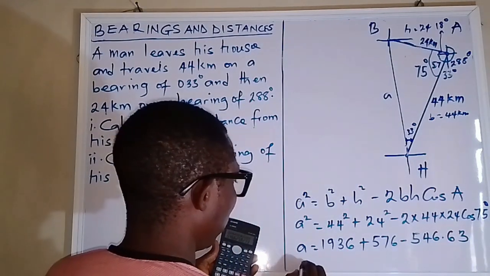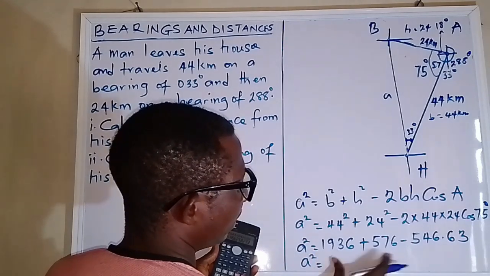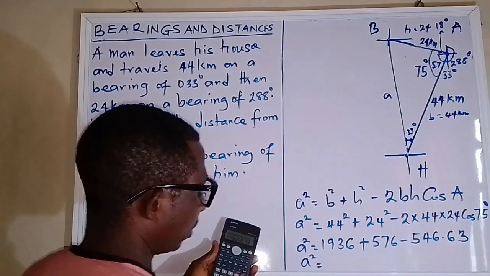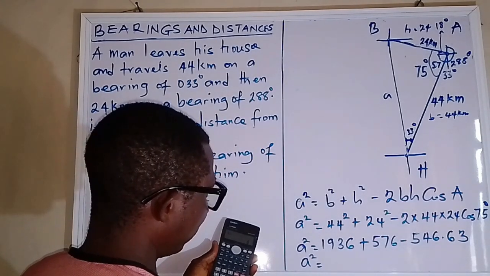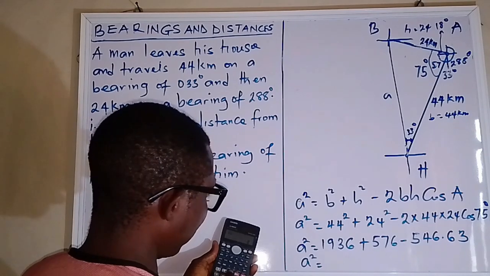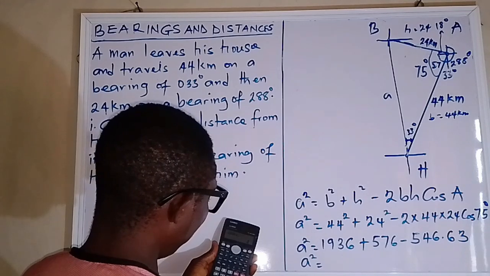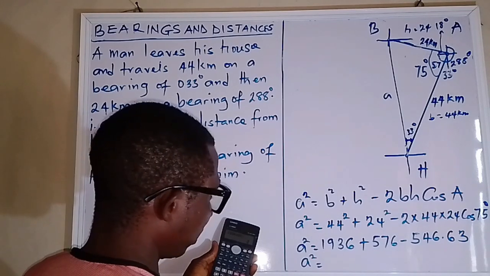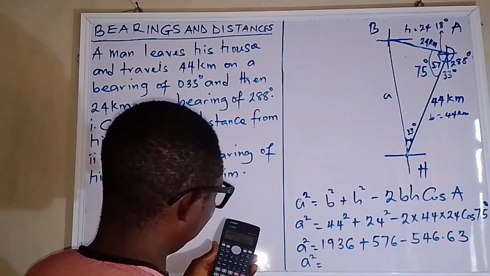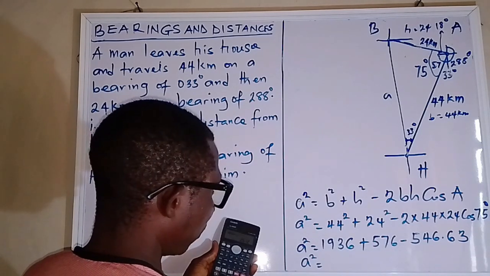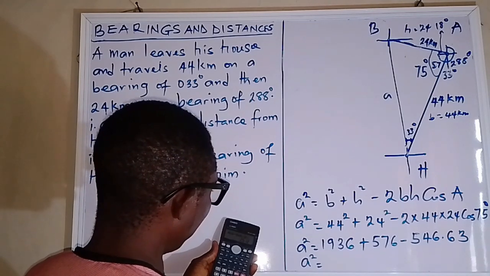Okay, so we have A squared equals, so you add this together and subtract it from this. So we have 1936 plus 576 minus 546.63.